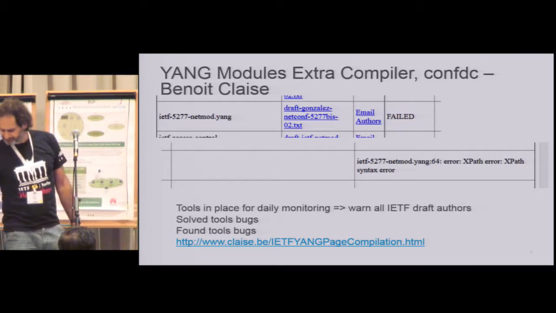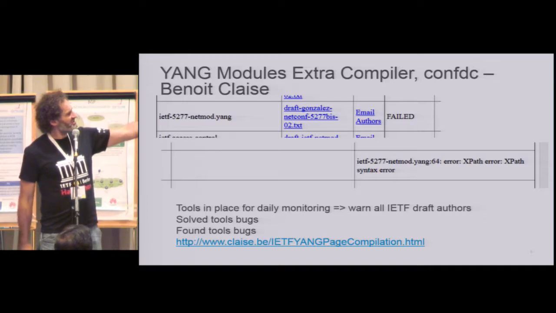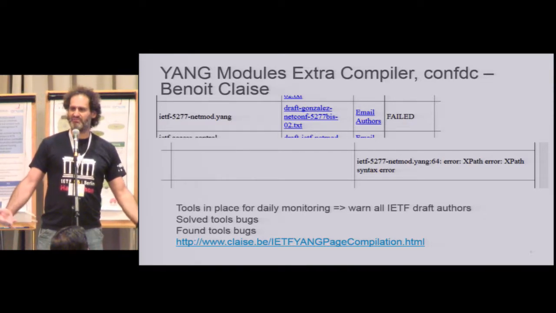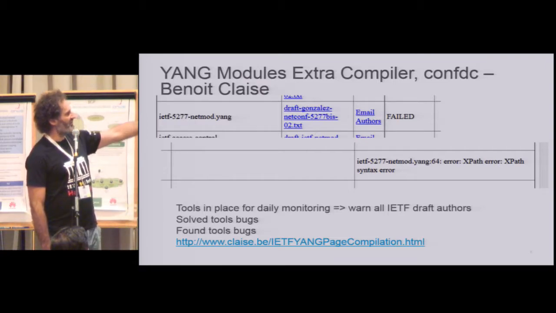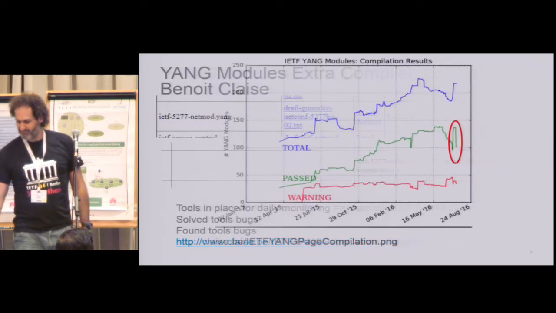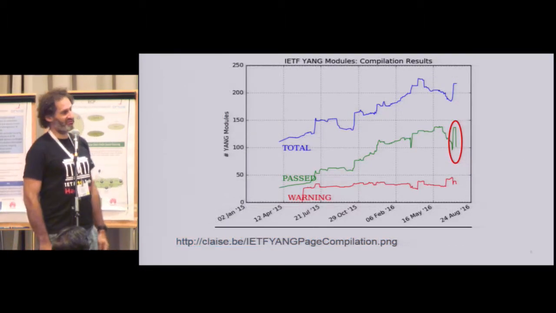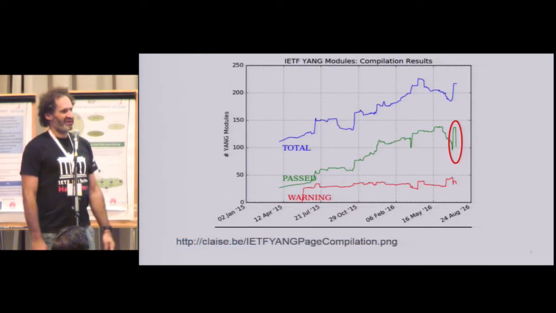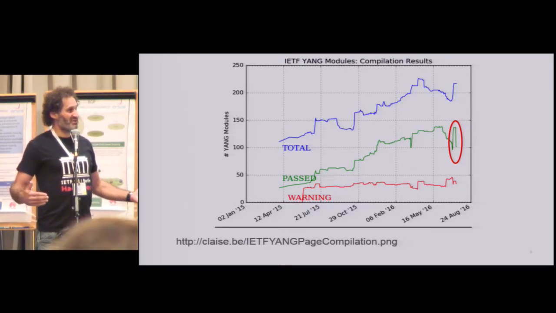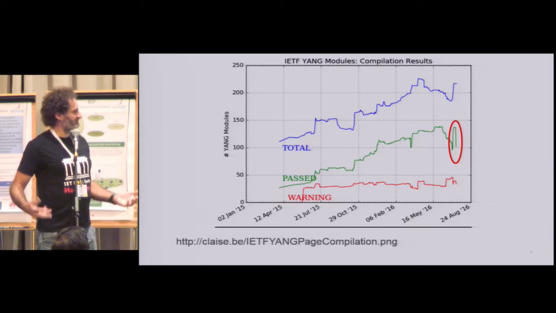If you look on the right-hand side, this one is failing XPath. It's typical Yang module stuff, but the XPath was not checked with the previous compiler. Conclusion: the number of Yang modules that pass compilation just dropped. It fails, but it's good news, because now we're going to produce better quality.